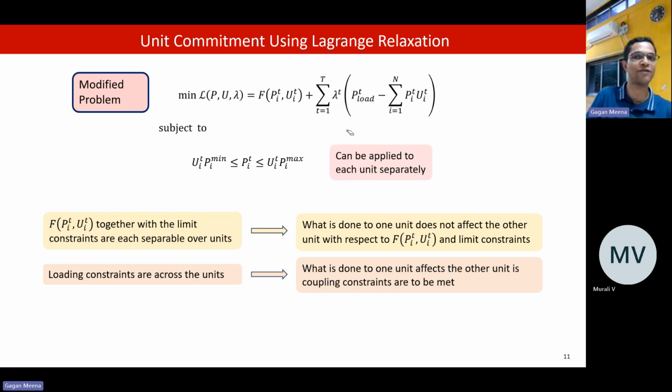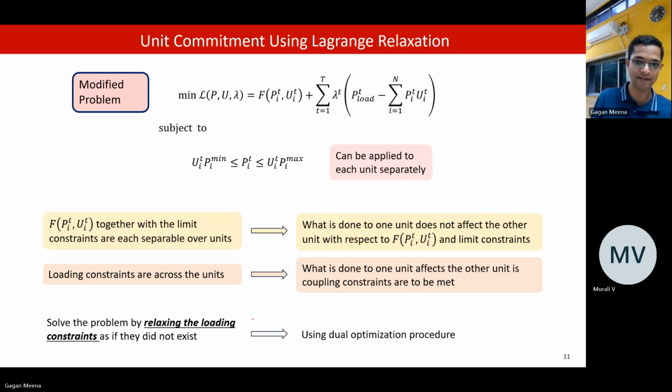Therefore, the generation of one unit affects the other, and that affects the satisfaction of that load generation balance. Therefore, it is solved by relaxing this loading constraint as if it did not exist.